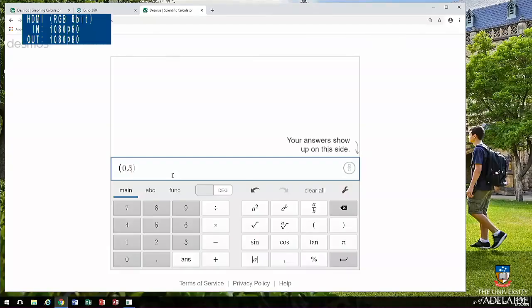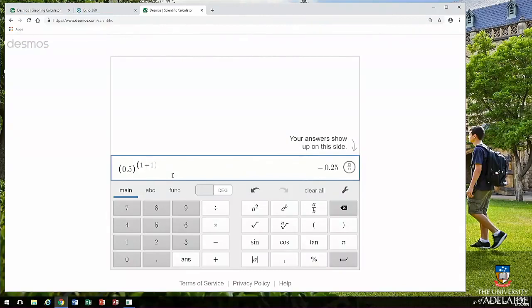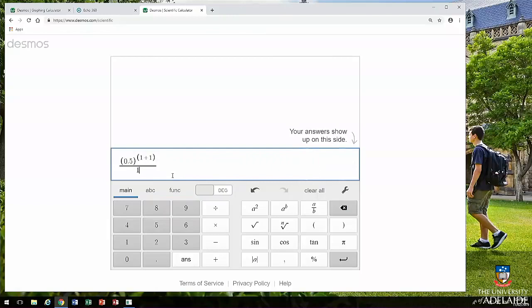So 0.5. Oh, come on. So when I go to n equals 2, n equals 3, n equals 4, still not there yet.